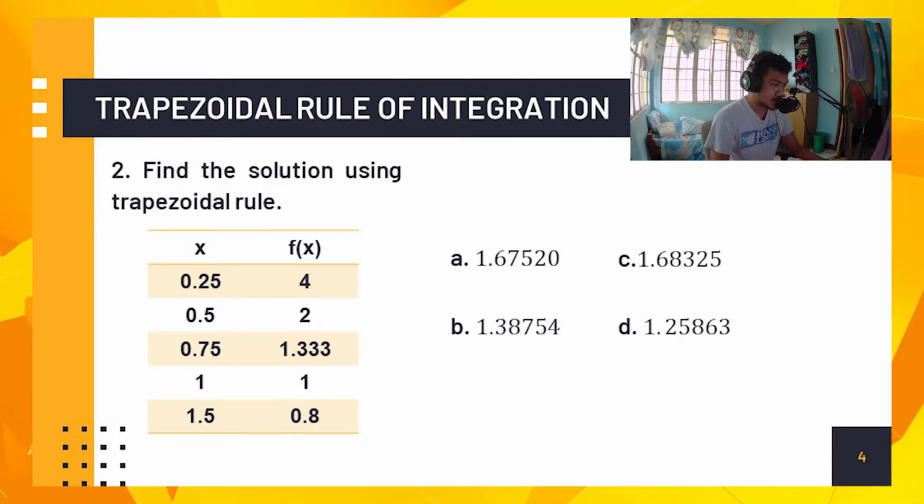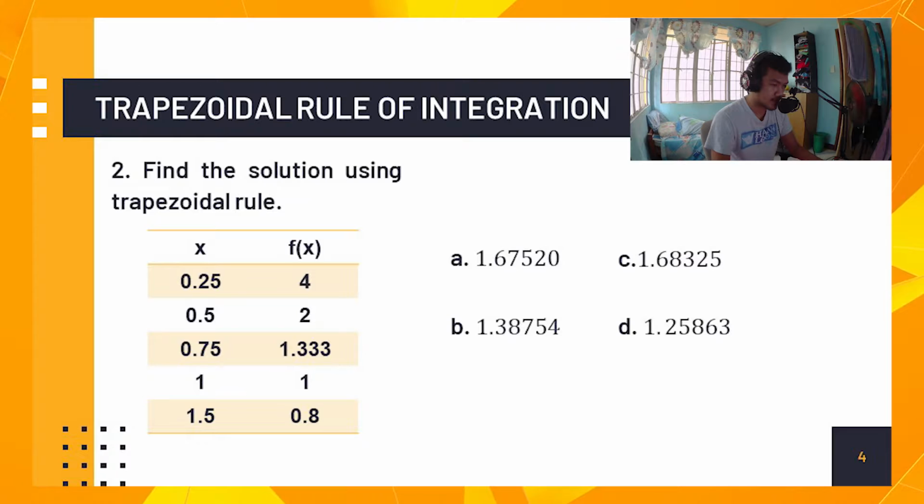Moving on to the second question from the trapezoidal rule of integration. Find the solution using trapezoidal rule. We have here a set of values for x and f(x). For x, we have 0.25, 0.5, 0.75, 1, and 1.5. For f(x), we have 4, 2, 1.333, 1, and 0.8.